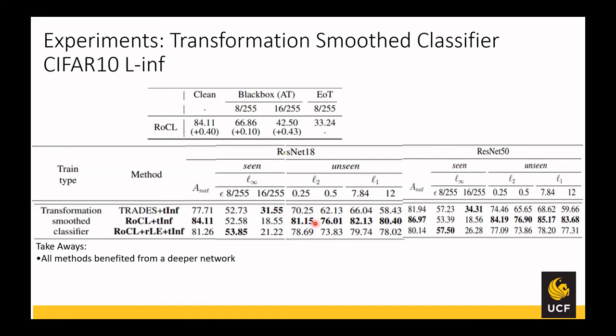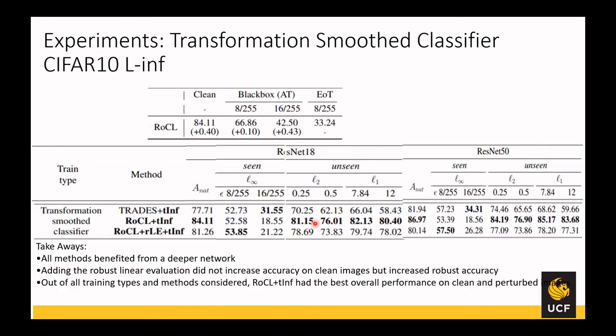Obviously, deepening the network accentuates all the accuracy metrics. Adding the robust linear evaluation increases the robust accuracy the most, but it lowers your natural accuracy. And if you want a good trade-off, then the transformation smooth classifier is the one to go with.